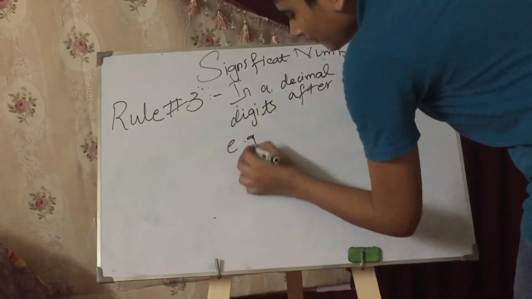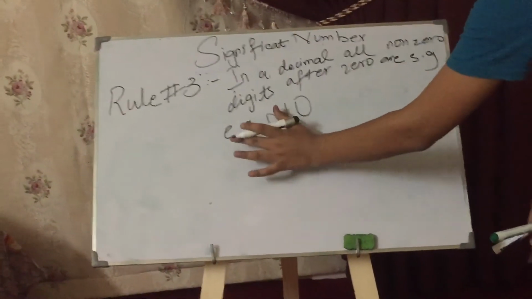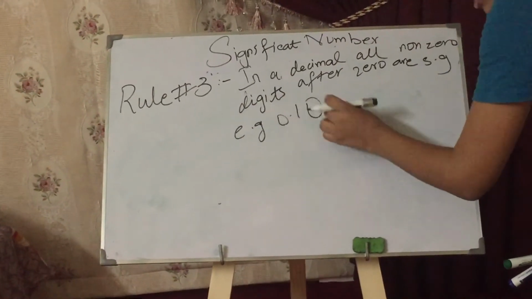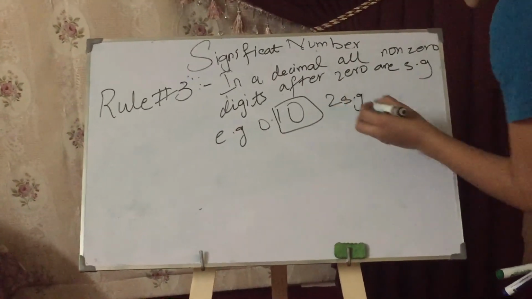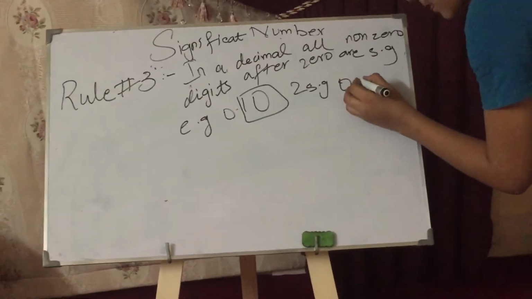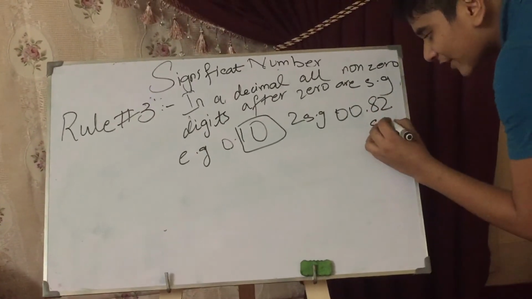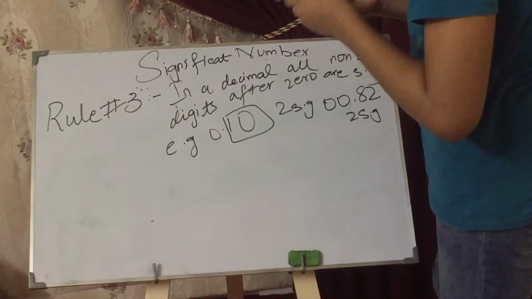It means that like 0.10, we will not count the 0 before the decimal, but you will count the numbers after. You will count these two numbers. It means there are two significant numbers. One more example: 0.82. There are two significant numbers. That's how it is.